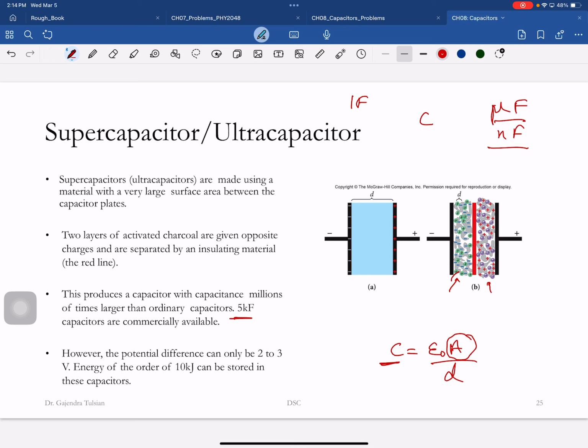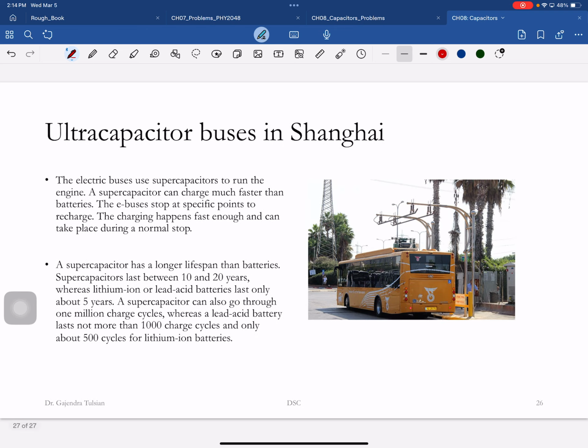So 2 layers of activated charcoal are given opposite charges and separated by an insulating layer, and you can make large capacitance. The problem is you can only charge them to 2 to 3 volts, but that's fine. You can still store 10,000 joules of energy, and that's good enough for these guys.